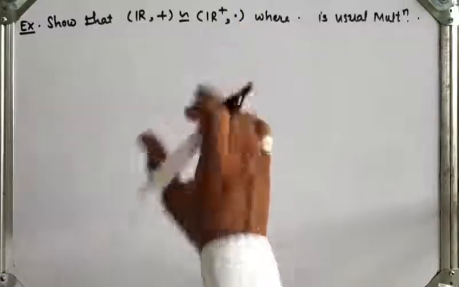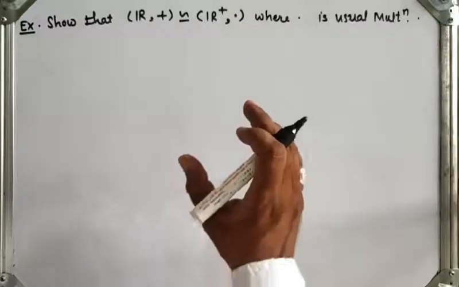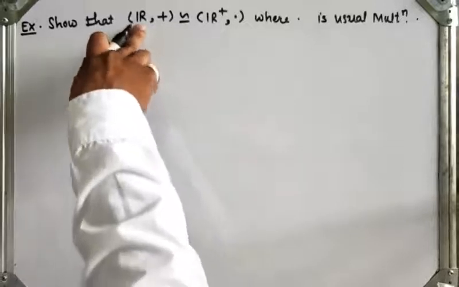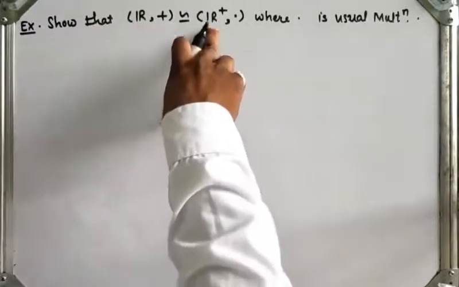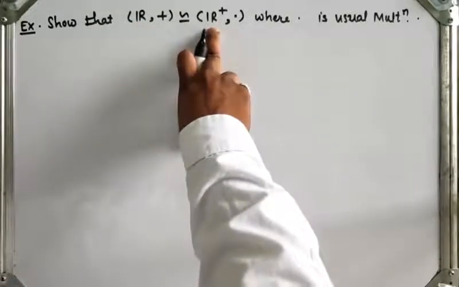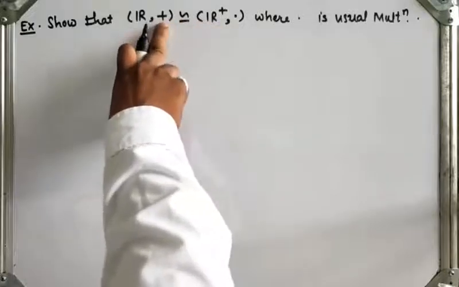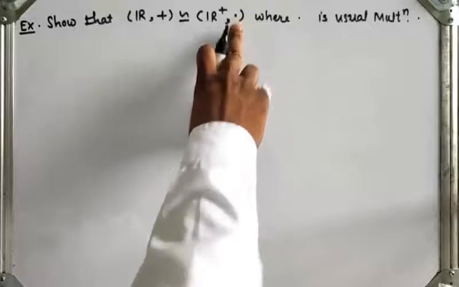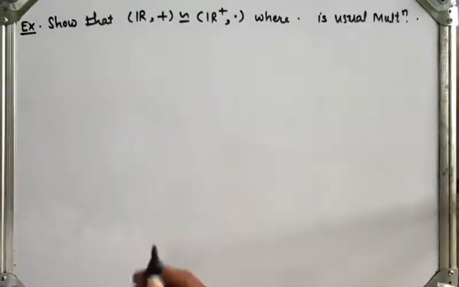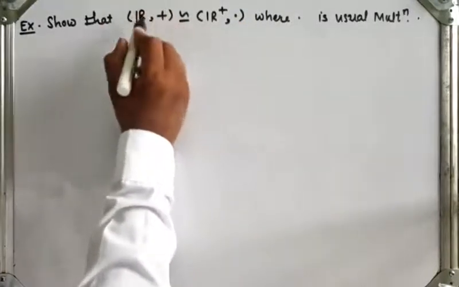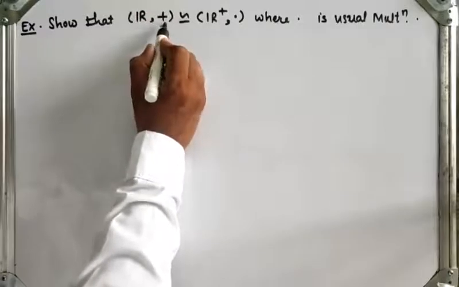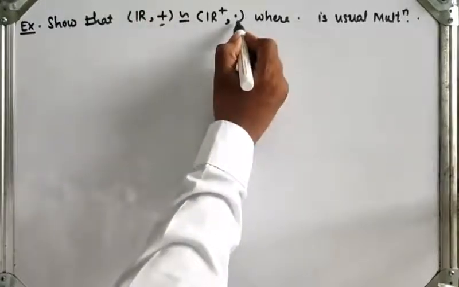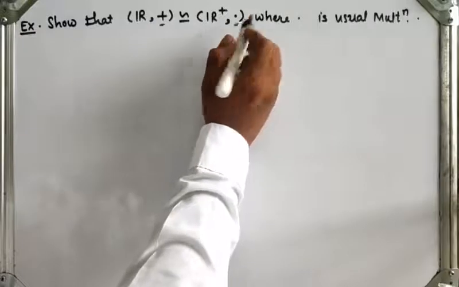Now we have to define a function whose domain is the real numbers and whose codomain is the positive real numbers, where here the operation is addition and here the operation is multiplication. So we have to define a function such that on the left side we have the internal binary operation addition, on the right side the binary operation is multiplication.